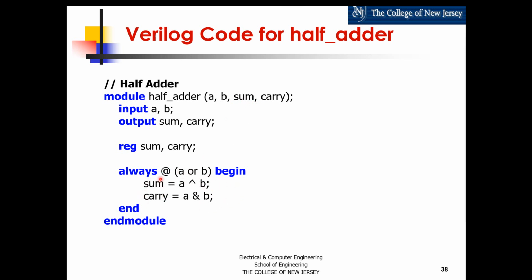And we said that the left-hand side of assignments inside a procedural block needs to be regs. That's why we are recasting these outputs. Otherwise, we will get a syntax error. So something to watch out for as you do your own models, okay? So this would be a behavioral description. Simple example.